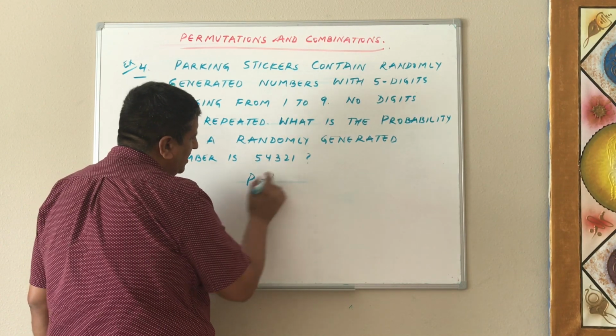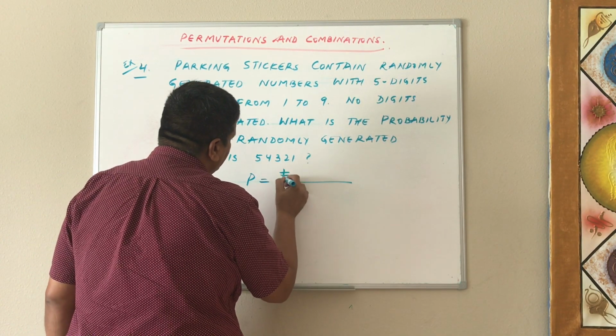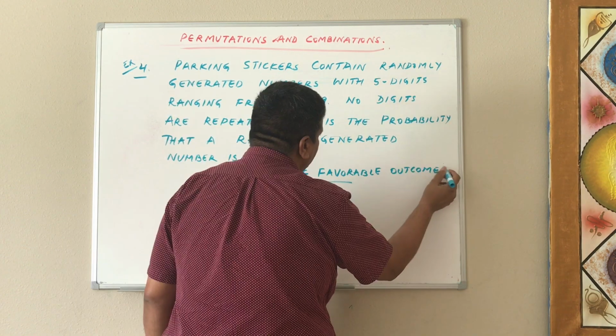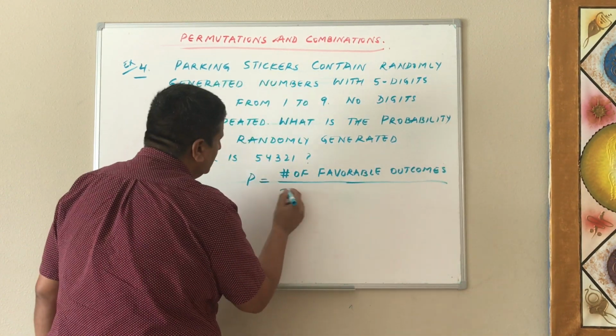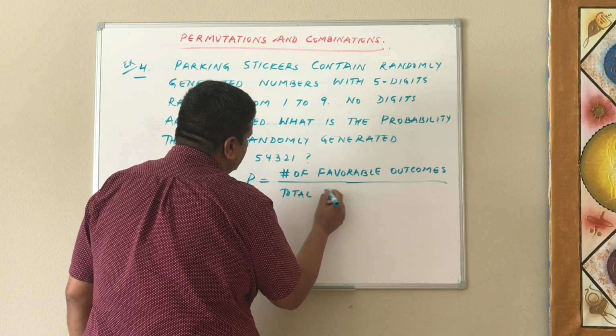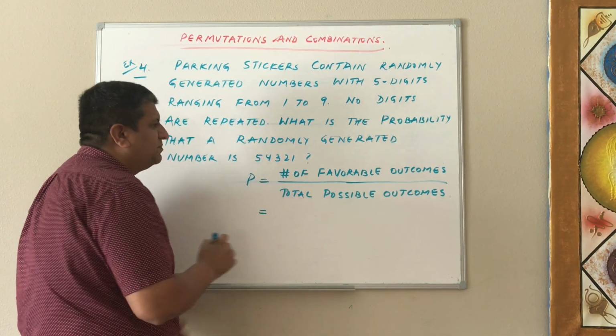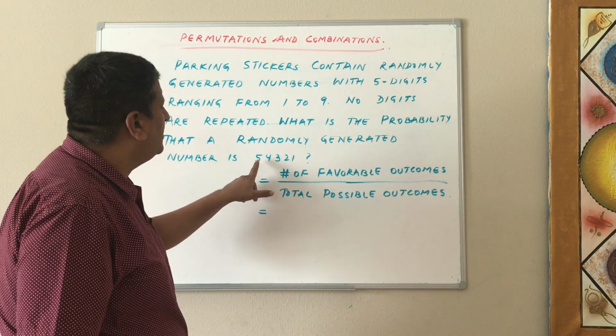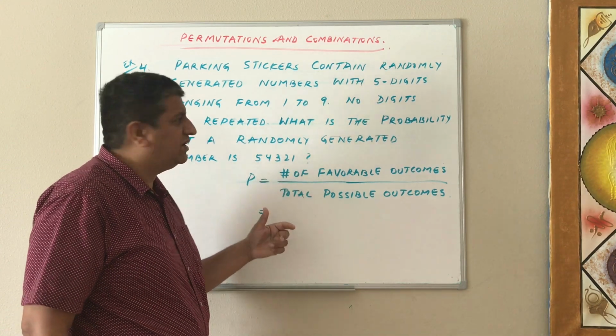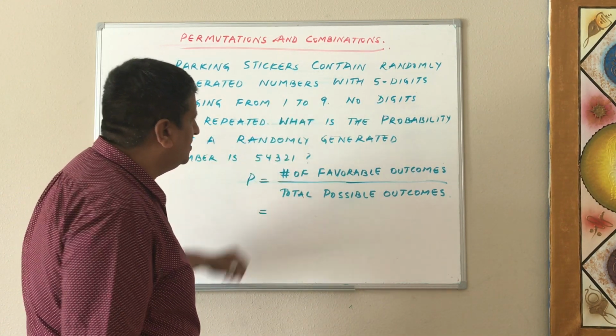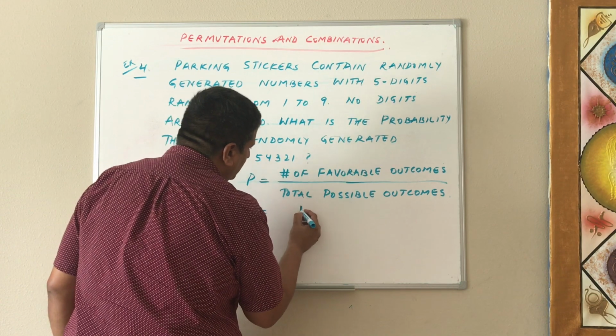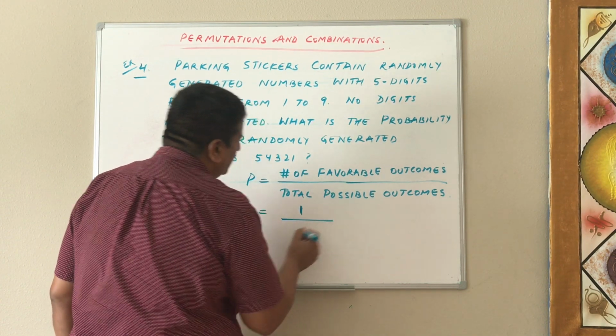Probability is the number of favorable outcomes divided by the total possible outcomes. The number of favorable outcomes: there is only one way to get 5, 4, 3, 2, 1 if you pick 5 digits from those 9 digits. Just one outcome is going to be like this.